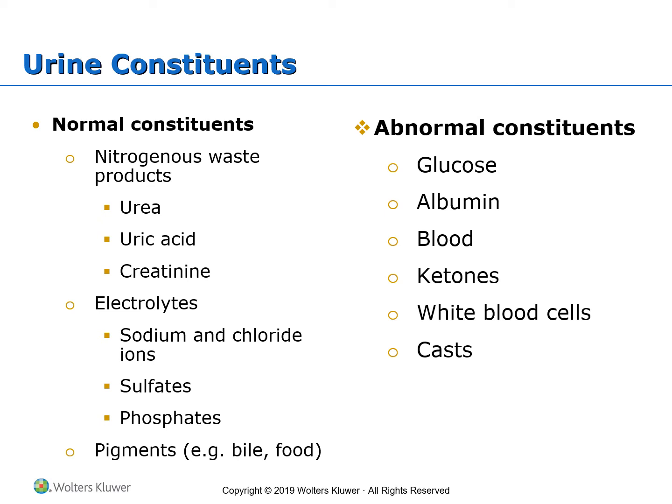We see electrolytes normally. We will have sodium and chloride, sulfates and phosphates, and we can see pigments. We do want to see pigments. We have a pigment that gives the specific yellow color to the urine, a result of the metabolism of hemoglobin, called urochrome. And this is the main pigment. We may have small amounts of bilirubin or other bile pigments.